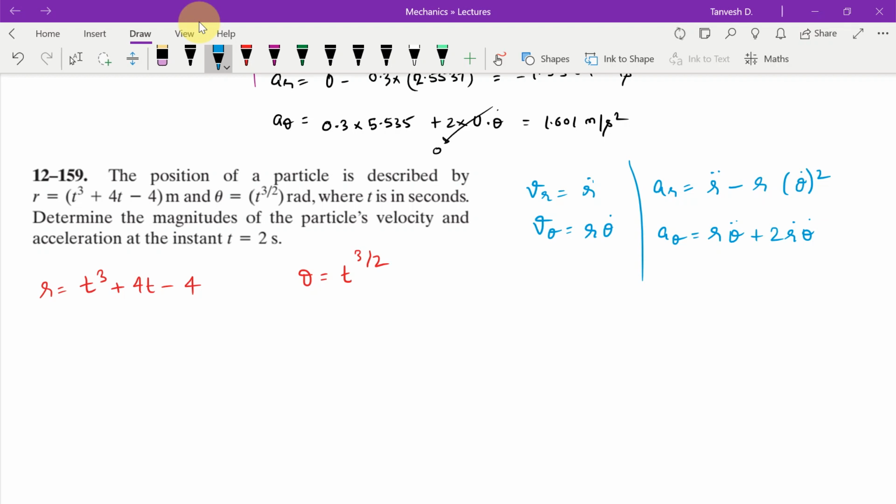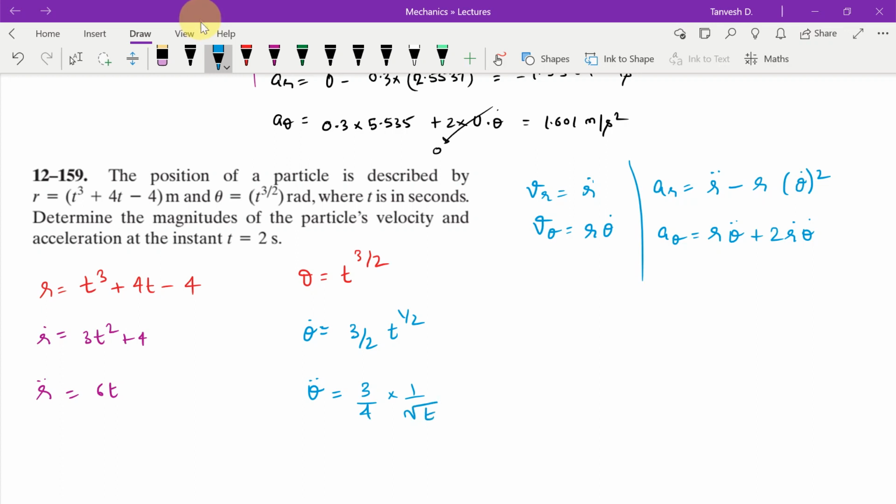Let us find quickly. So r dot will be 3t square plus 4, r double dot will be 6t, theta dot will be 3 by 2 into t raised to half, and theta double dot will be 3 by 4 into 1 by root t, right?